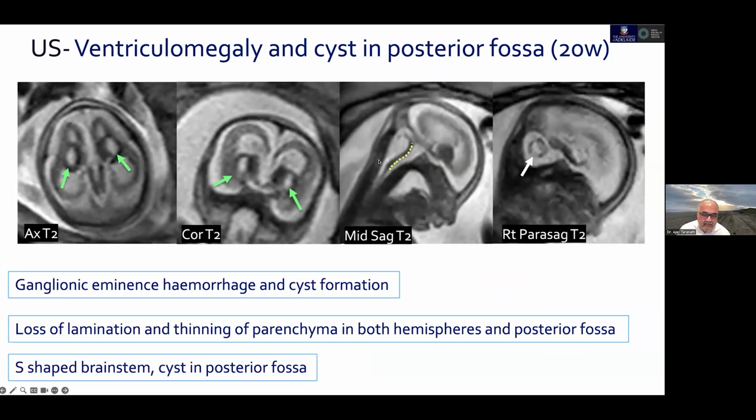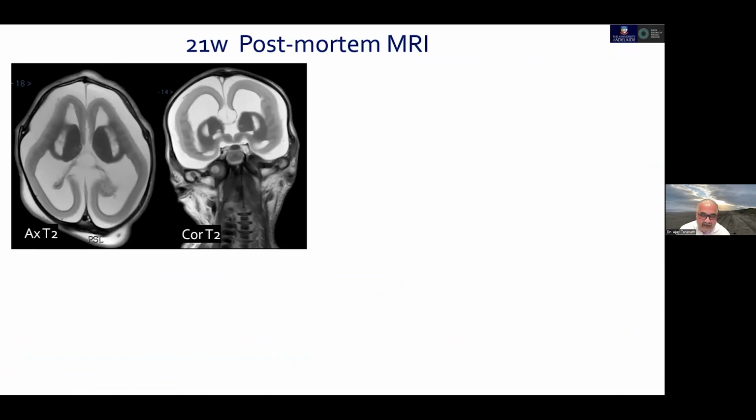And then a very, very thin brainstem, which almost has that S-like shape. And on a right parasagittal T2 weighted image, you can see a cyst in the posterior fossa. The differentials that we provided were Walker-Warburg syndrome and tubulopathy. And this one went ahead with termination.